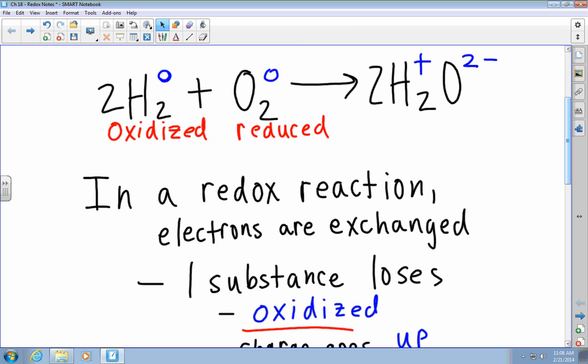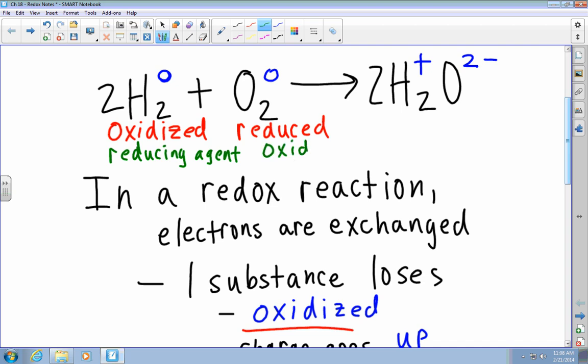And hydrogen, since it is oxidized, it is the reducing agent because it's causing the reduction of the oxygen. And meanwhile, oxygen is the oxidizing agent, and it is causing the oxidation of something else.